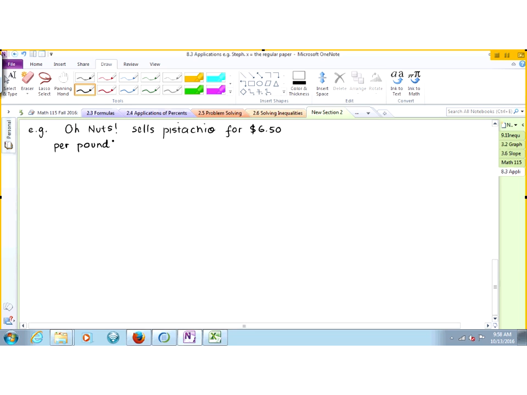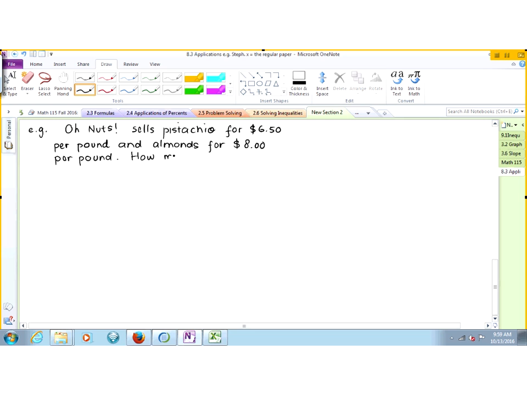And almonds are more expensive. I think the whole almonds are $8 per pound. So peanuts are cheap, right? But almonds and pistachios are expensive.